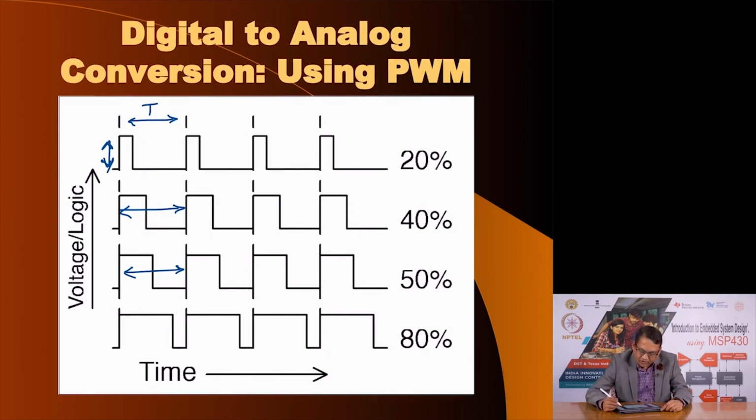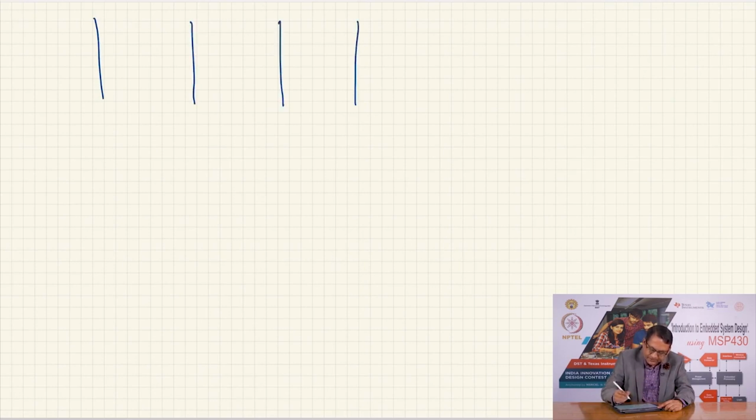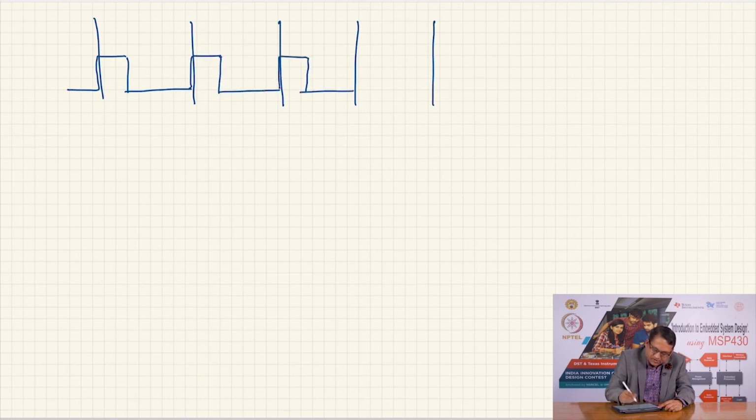Now, let us see how we are able to change the DC voltage in such a situation. If the time period is constant, that is, the frequency of the waveform is constant, then if I draw some reference grid here, and my amplitude of the waveform is this much, and I try to generate a similar waveform here and here.